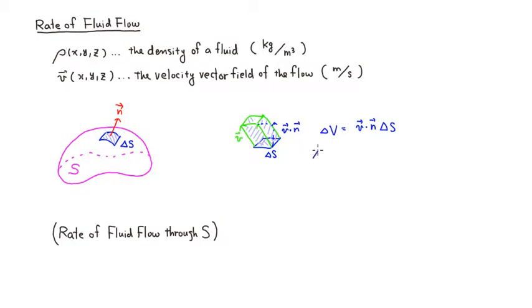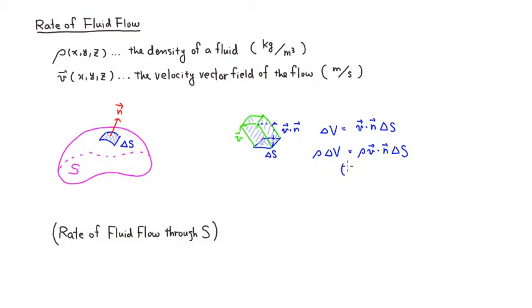So rho times delta V is going to give you rho V dotted with the unit normal vector times delta S. So this will be the rate of flow.